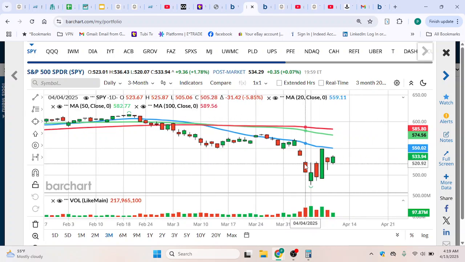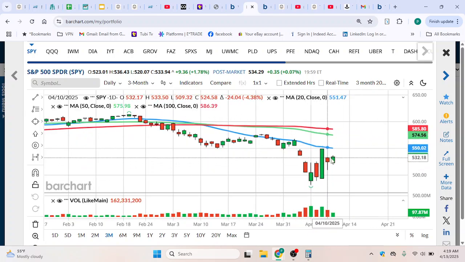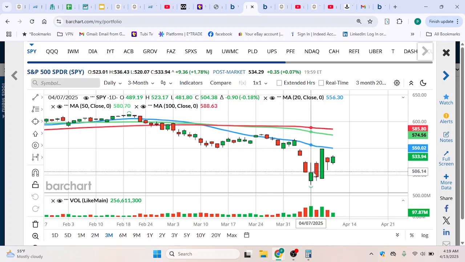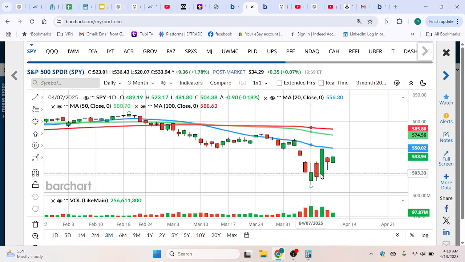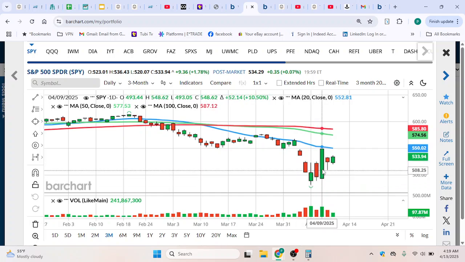Okay, so now we're in April, and we kind of have this back and forth here, where clearly the buyers are trying to step up in this area. We had some buying here, then we had some selling, and then the buyers just kind of took control right here. So this is looking like, in the short term, at least the buyers are trying to step back into the market.